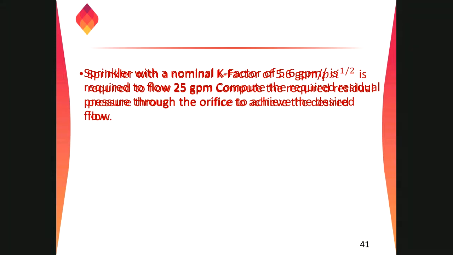Okay, we have one activity here, but I think the question is not coming to the screen exactly. I will just write the values so that you can calculate. The activity says the K value of the sprinkler is 5.6 and the flow we need equals 25 GPM. So how much pressure do we need to give a flow of 25 GPM at a K factor of 5.6?